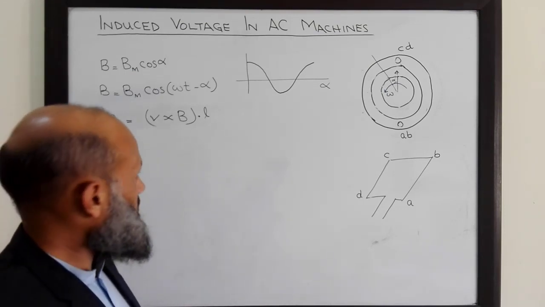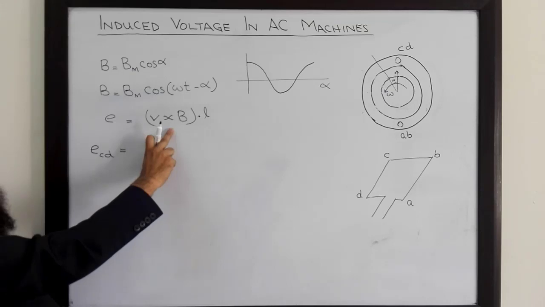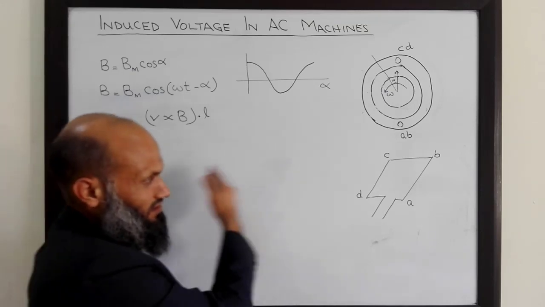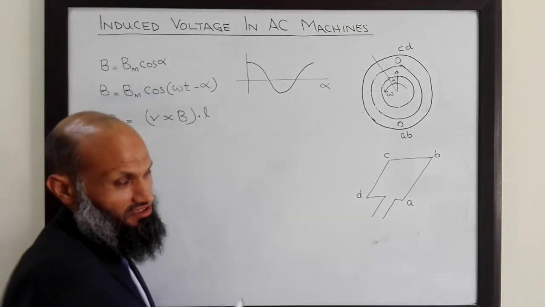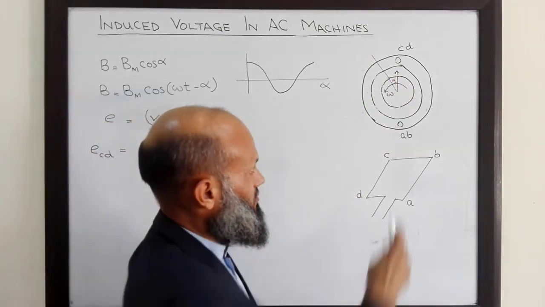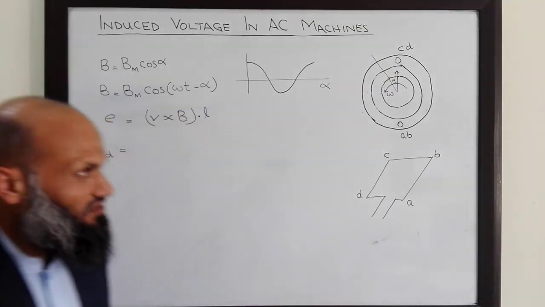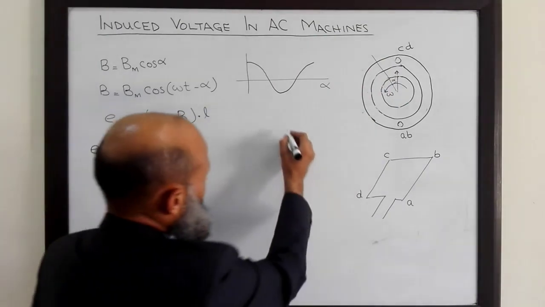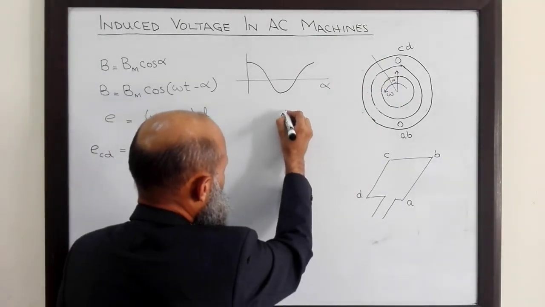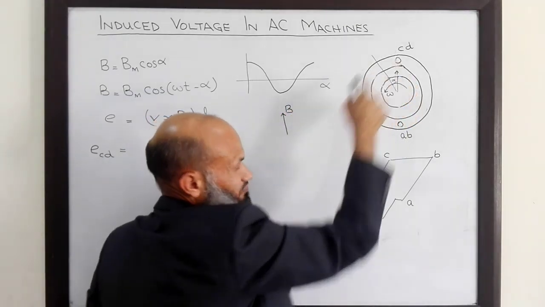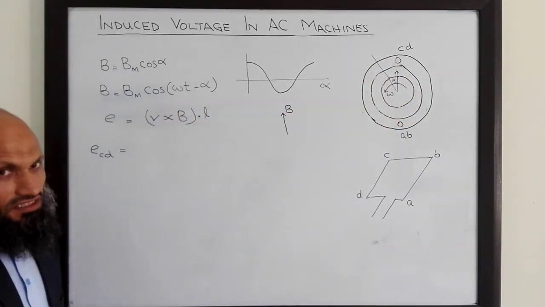In this expression, previously we were moving the conductor and the flux density was stationary. Here we have the opposite situation. This flux density vector is moving and the conductor is stationary. So the flux density vector has this direction. This is the direction of B.